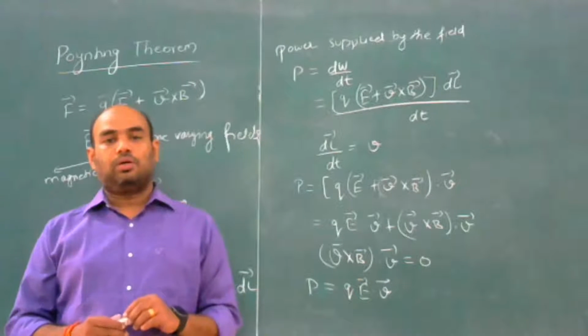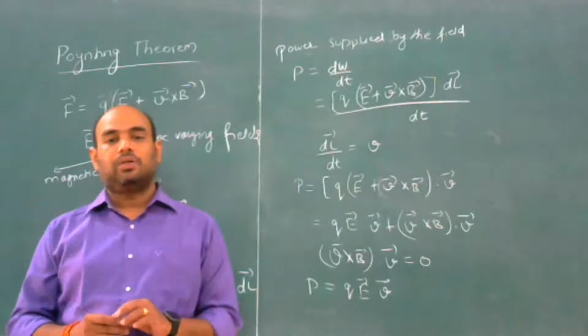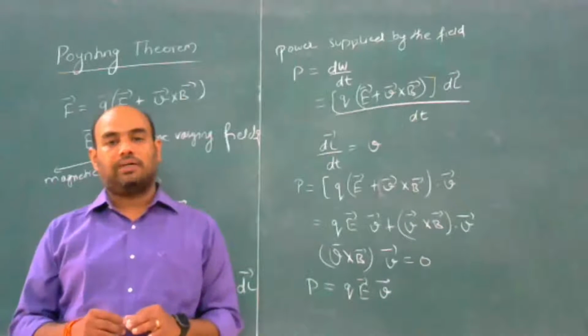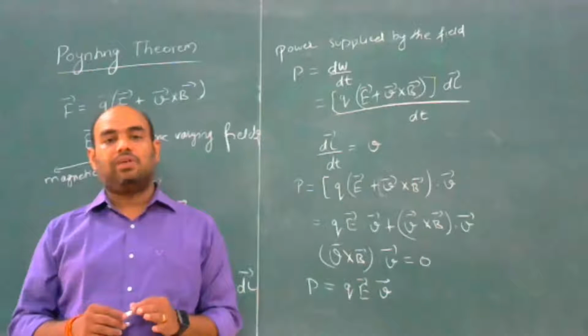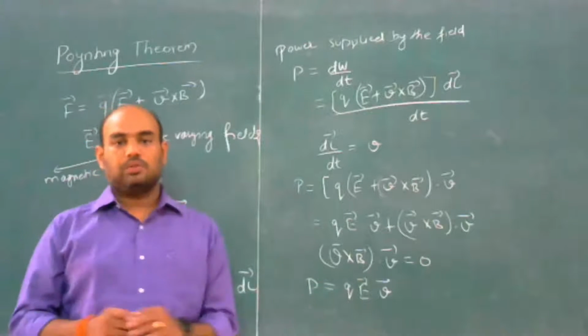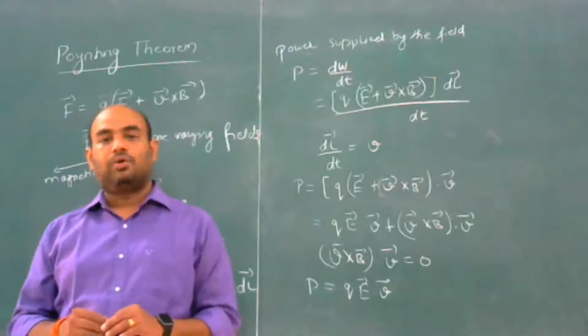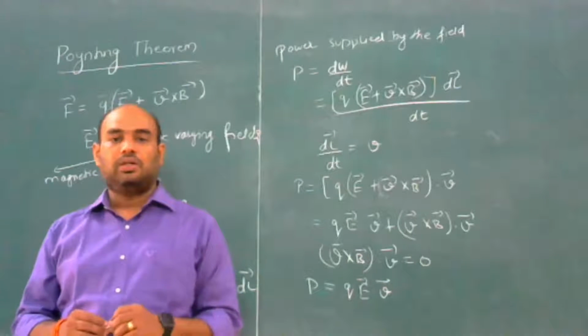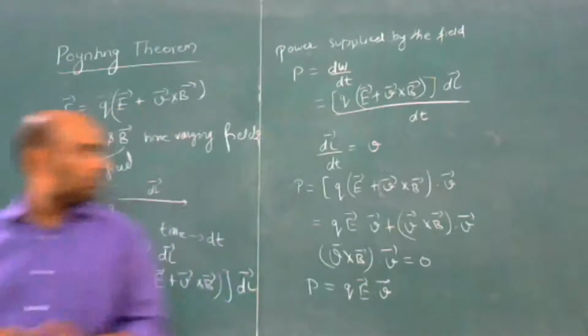Let us consider a volume distribution of charge with charge density rho v moving with an average velocity v. The power supplied by the field on this small charge will be given as follows.